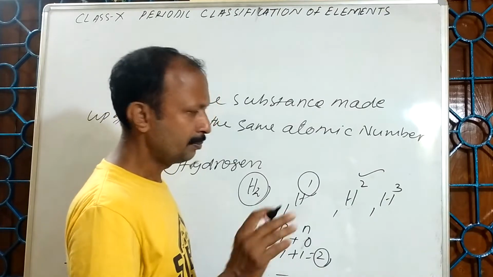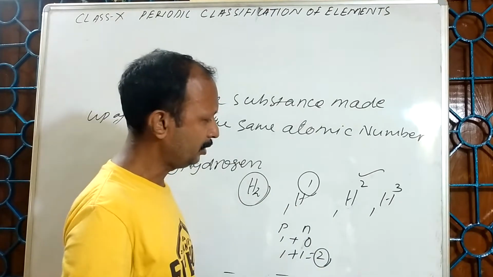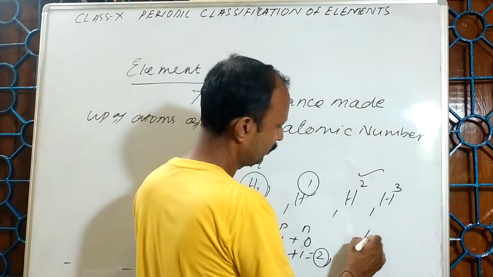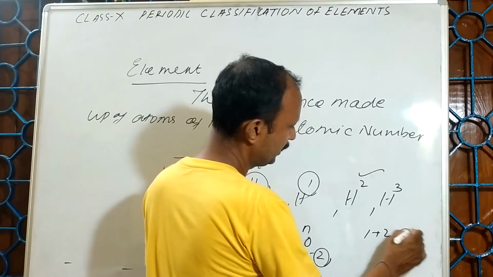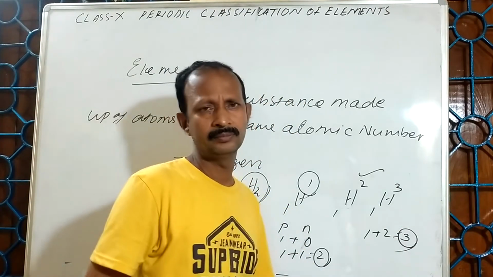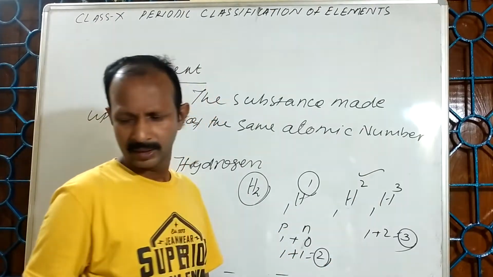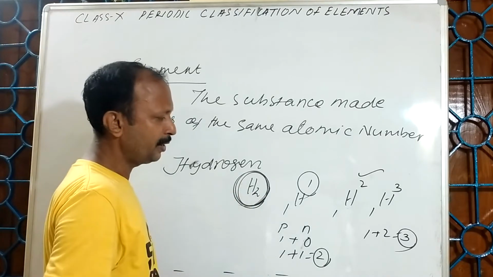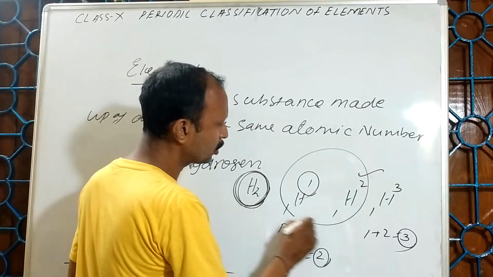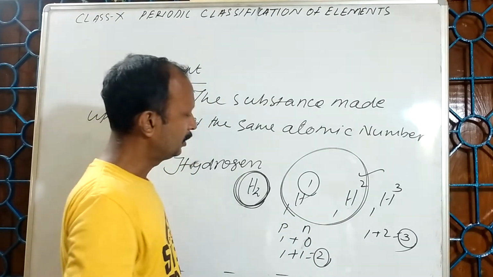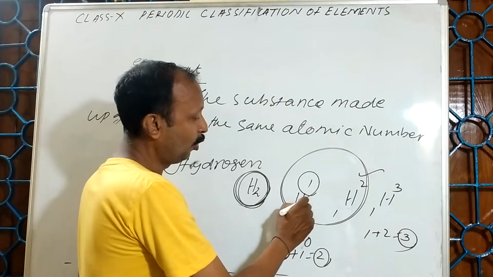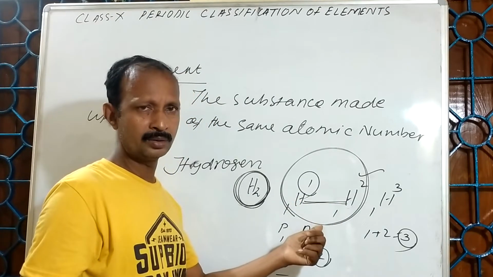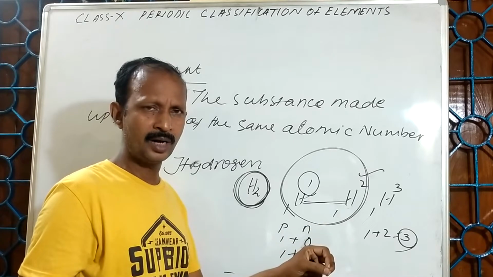Similarly, very few hydrogens are there which contain 2 neutrons. That means 1 proton plus 2 neutrons, so its mass number is 3. All are hydrogen. If I say that this hydrogen molecule is made out of these 2 types of hydrogen, then both are not the same kind, because its atomic number is 1, no doubt. All hydrogen atoms have atomic number 1.